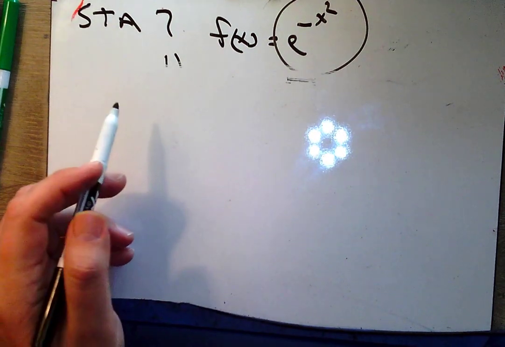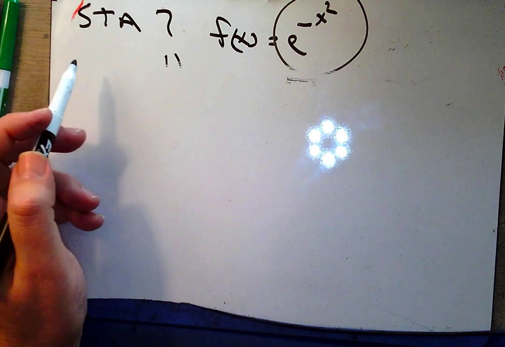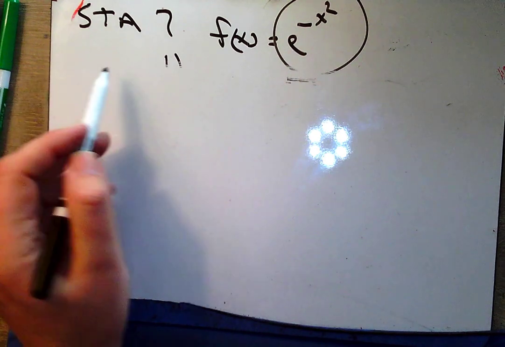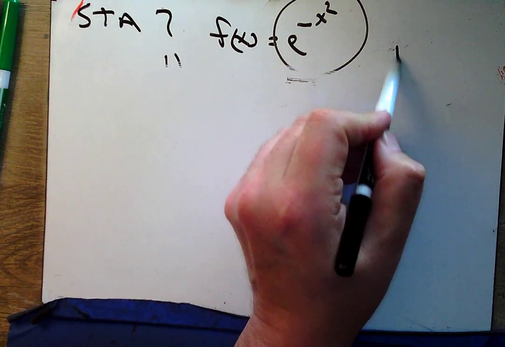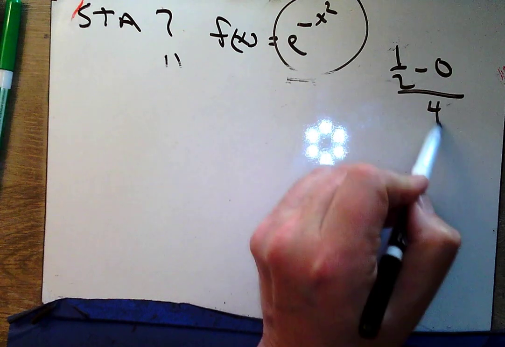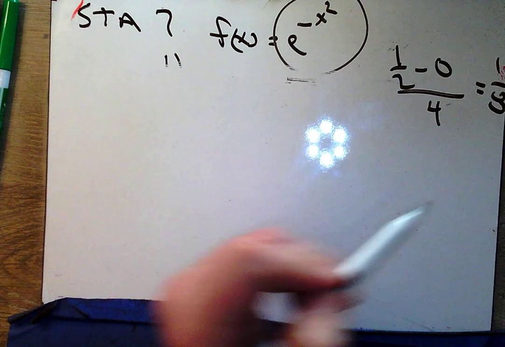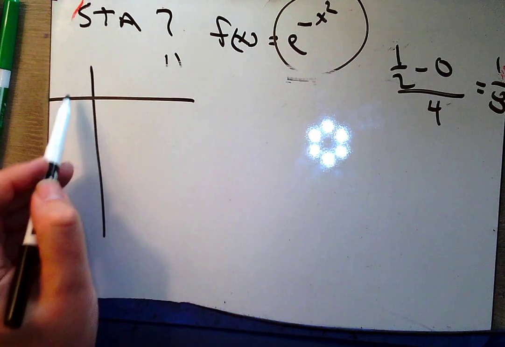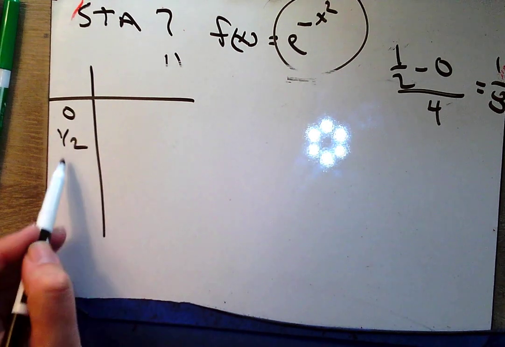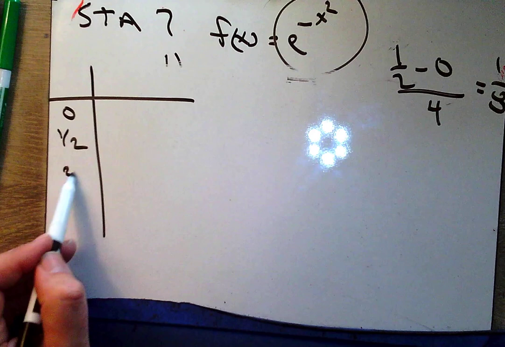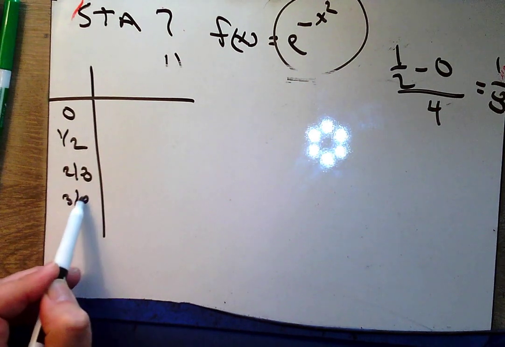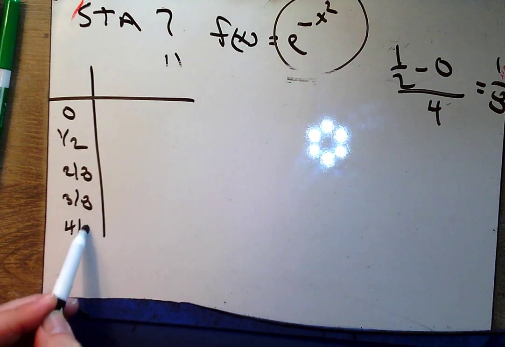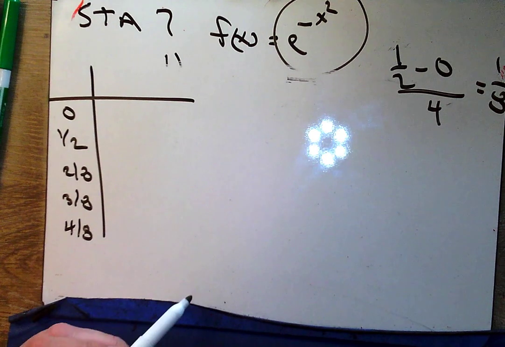And what do we need to do? We need to find 4 subintervals on 0 to 1/2. Oh, just sounds painful. So 1/2 minus 0 divided by 4 is 1/8. Okay, so I'm going to have some values on the table. I'm going to have 0, 1/8, 2/8, 3/8, and 4/8. 4/8 is the same as 1/2.